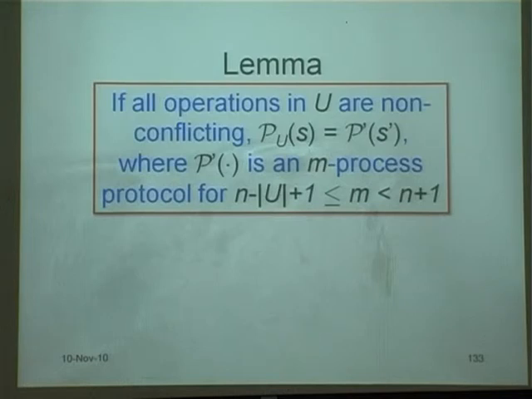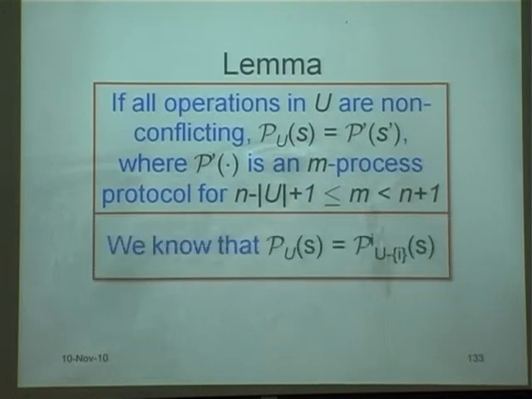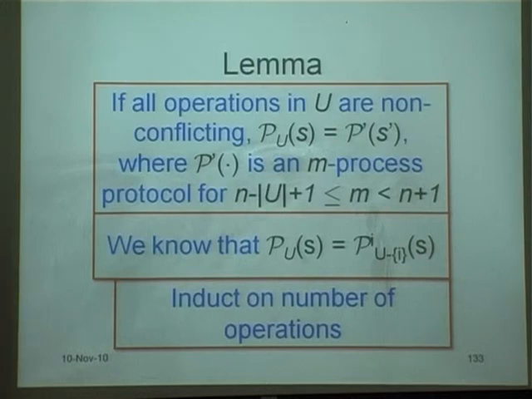But it's still the execution of a full read-write protocol from some state, just with fewer participants. So we just do induction. It's not very exciting, but it shows that this is all the model-specific reasoning, and we've managed to bottle it up into one statement about the connectivity of the protocol complex. So it doesn't run all the way through the proof.